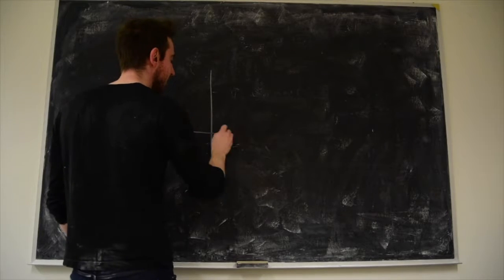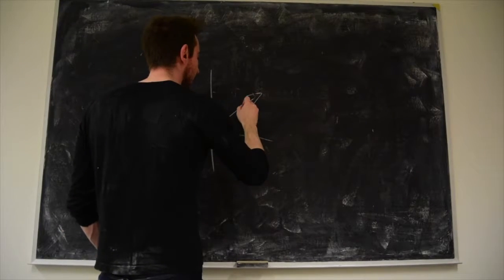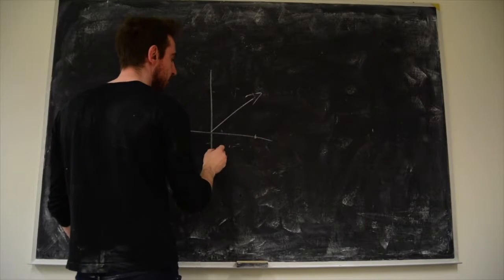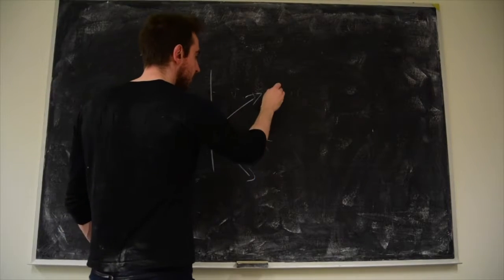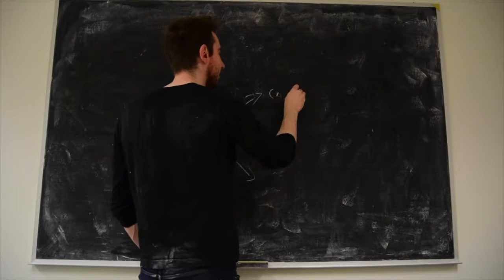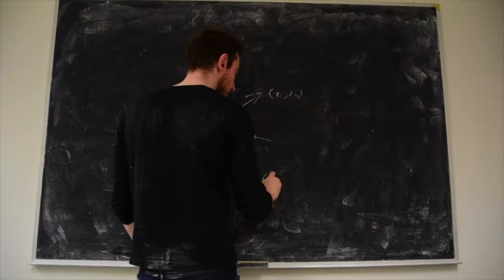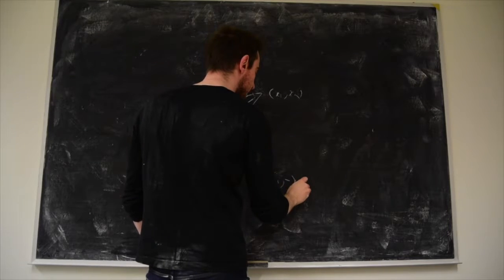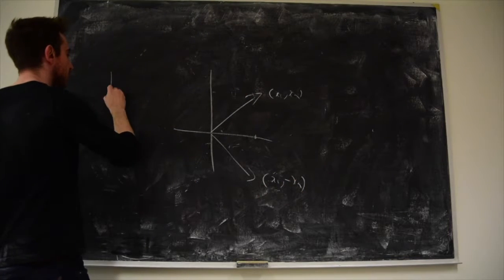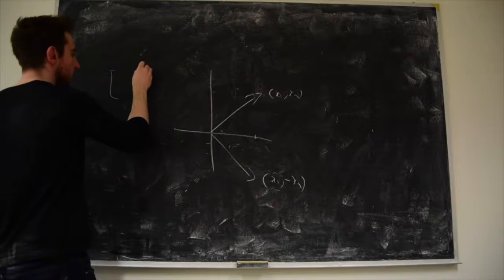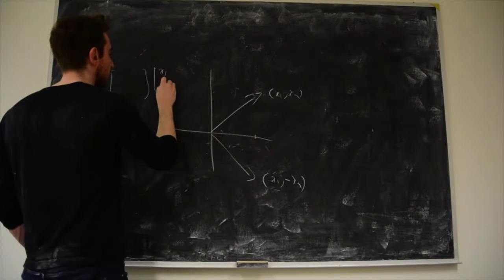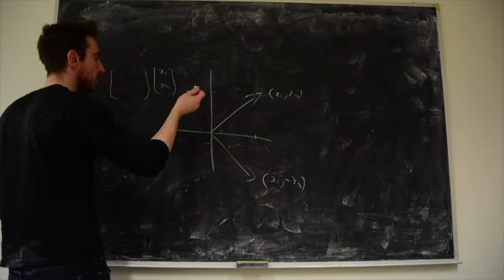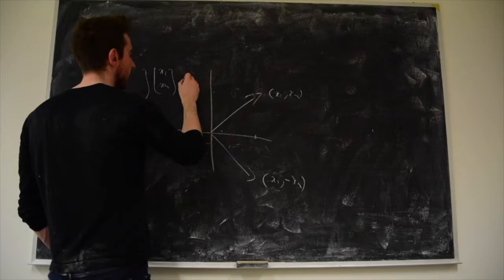So the first thing is, if I have a vector and I want to reflect it across the x-axis, this sends (x1, x2) to (x1, negative x2). I want a matrix which sends this, intuitively, though technically I would do it by putting in the e1s and e2s, but we'll get to that with linear transformations.